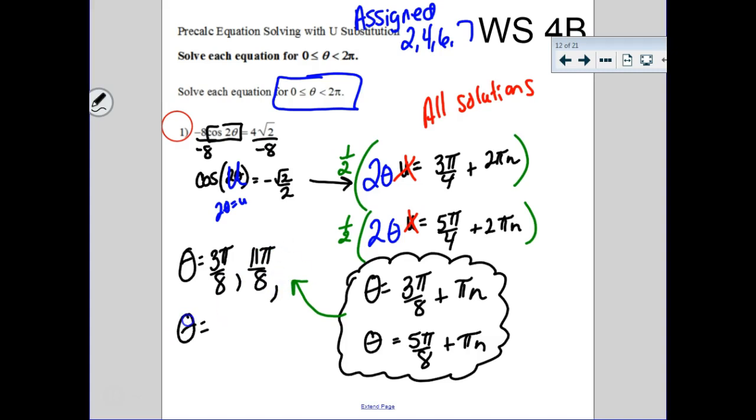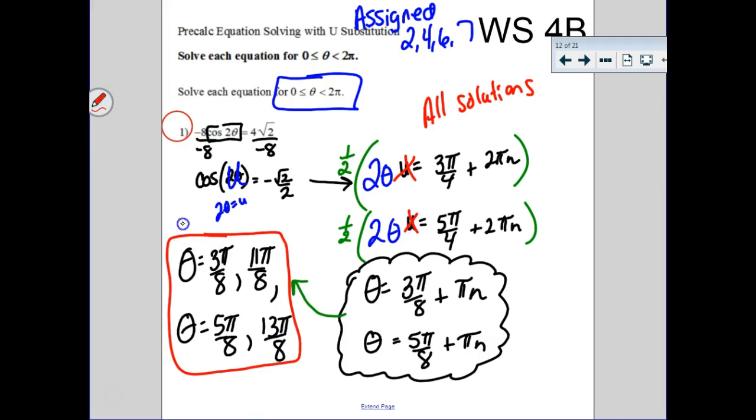All right, next theta. 5 pi over 8 is the first one. But if you add a pi rotation to that, 5 pi over 8 plus 8 pi over 8 is 13 pi over 8. And if I add another one, I'll be too big. So these are actually the answers to that question. So that was a hoot. Can't wait to do that on a test.